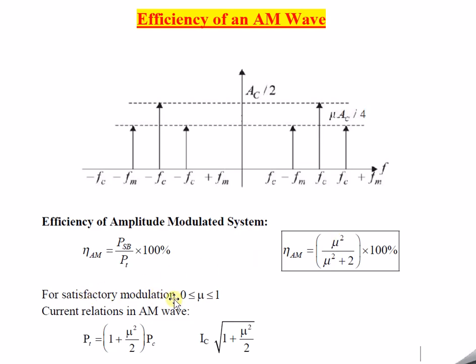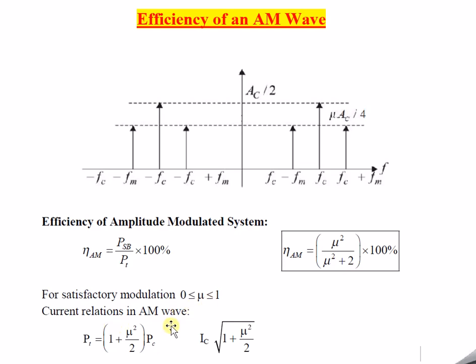For satisfactory modulation, the modulation index must be between 0 and 1, meaning it can be greater than or equal to 0 and less than or equal to 1. So the value of mu can range between 0 and 1, and both are included.